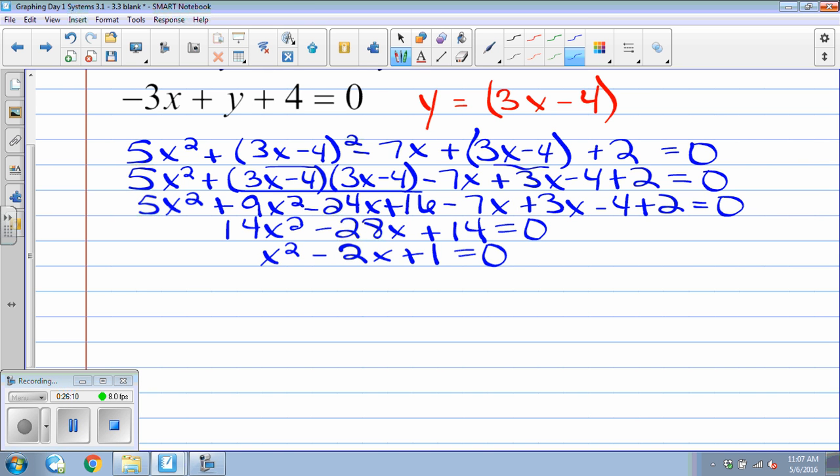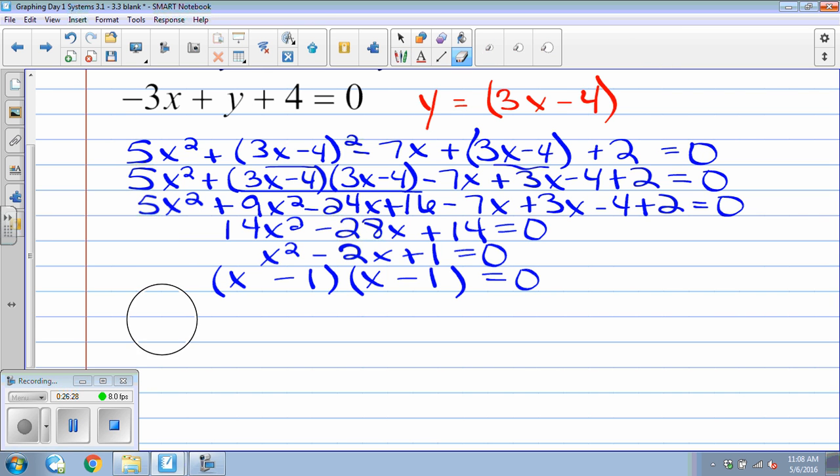And so now we do our AC method, and when you do, you end up with x minus 1 times x minus 1 equals 0. Or if you factored out a 14, you would still have a 14 here, but that ends up going away in the end anyway. And so now, when you set each one equal to 0, you end up with x equals 1 and x equals 1.